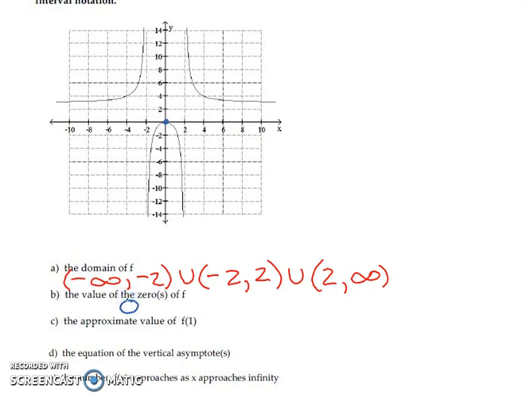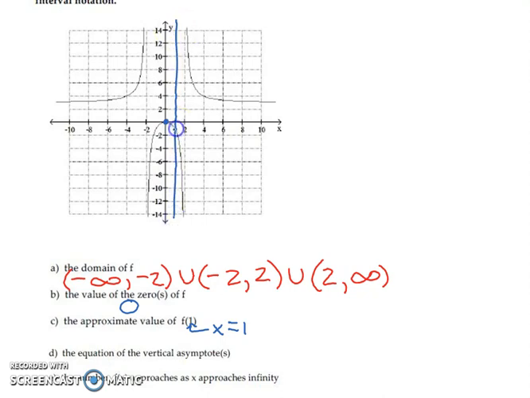As for the value, it's asking for the y value, the approximate value of f of 1. F of 1 means that my x equals 1. So where on this graph does my x equal 1? My x is going to equal 1 somewhere along this line.